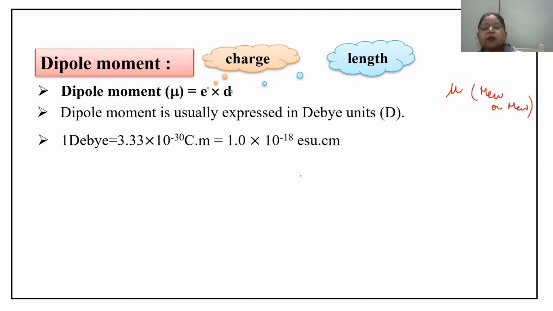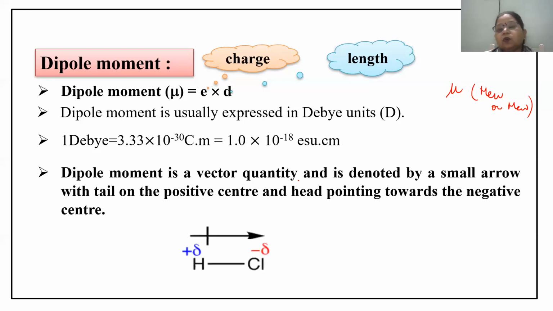And 1 debye is equal to 3.33 into 10 to the power minus 30 coulomb meters, or 1 into 10 to the power minus 18 esu centimeter. Please be careful with units when you are solving problems. There are hardly any problems, and they are simple and direct.